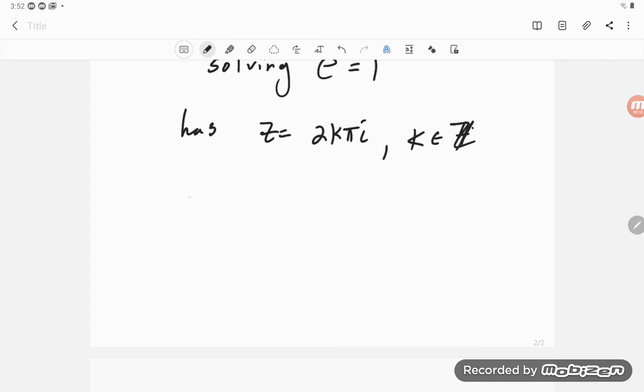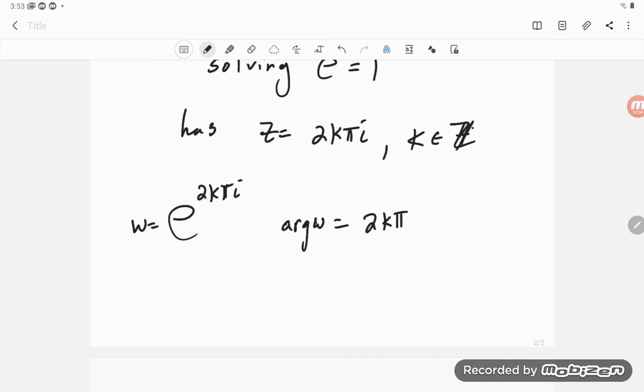If I say e to the 2k pi i, well then, if I call that w, then arg w is anything of the form 2k pi, sorry, get rid of the i.